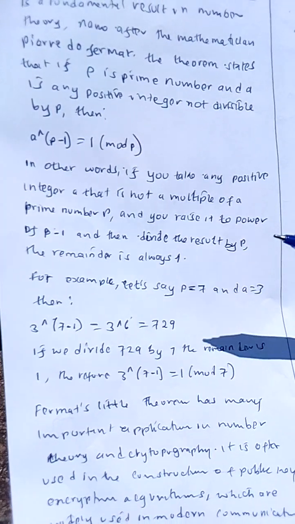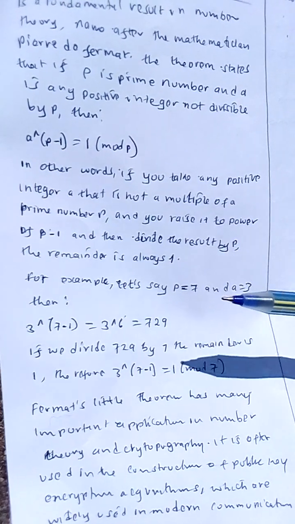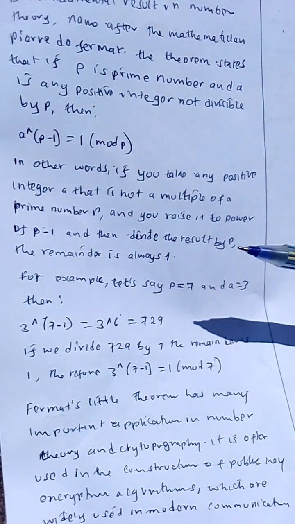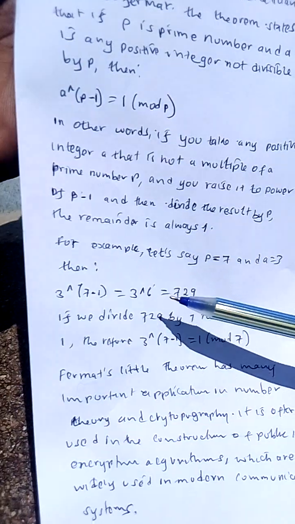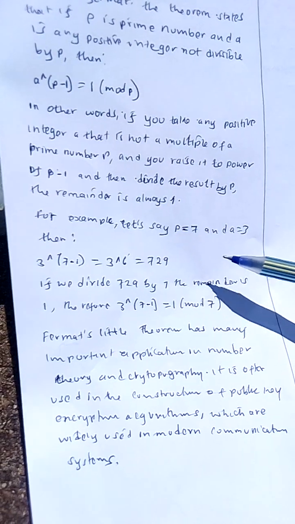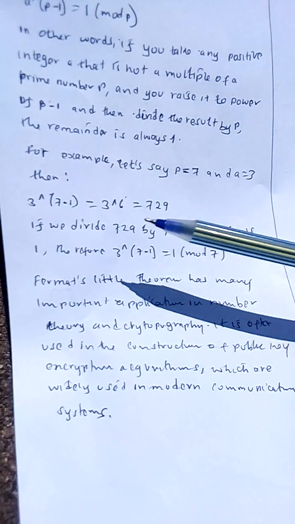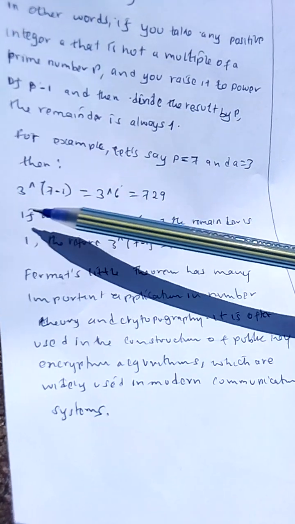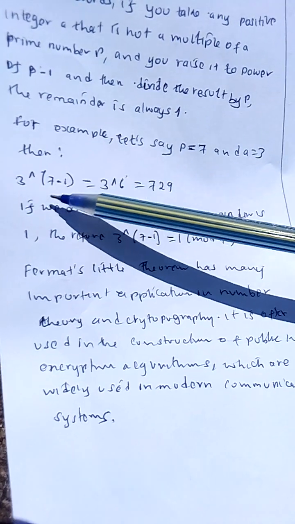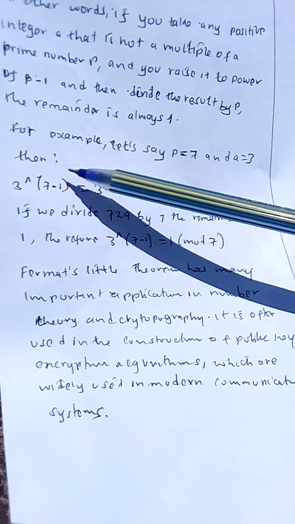Let's take the example below and clarify that. For example, let's say P is equal to 7 and A is equal to 3. Then 3 to the power 7 minus 1.